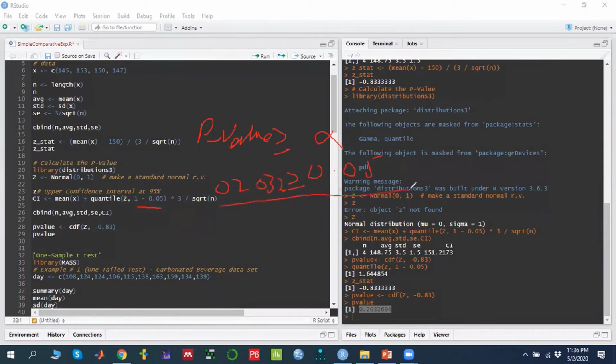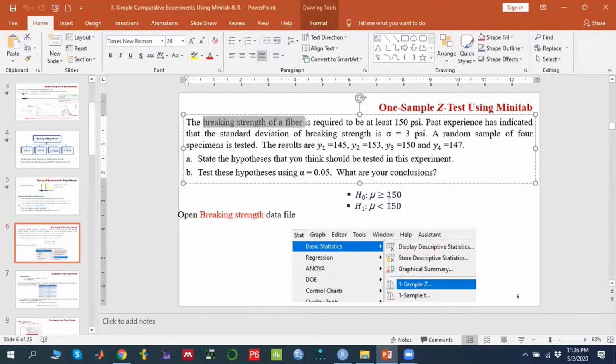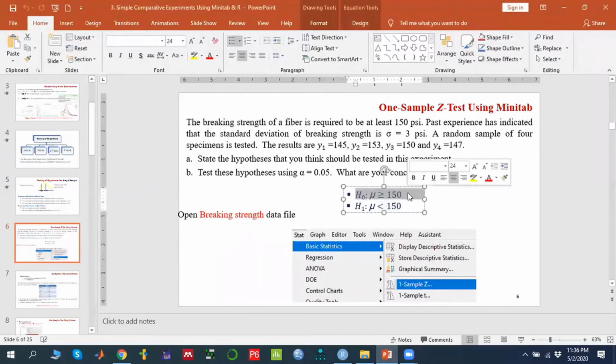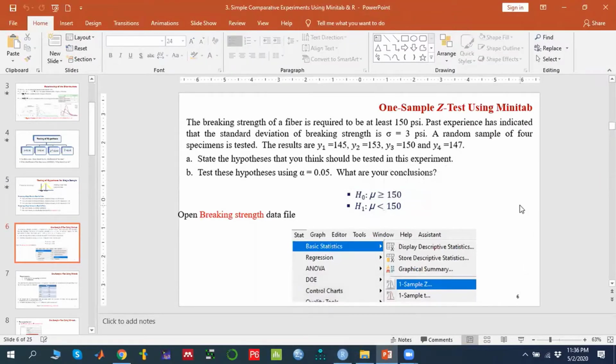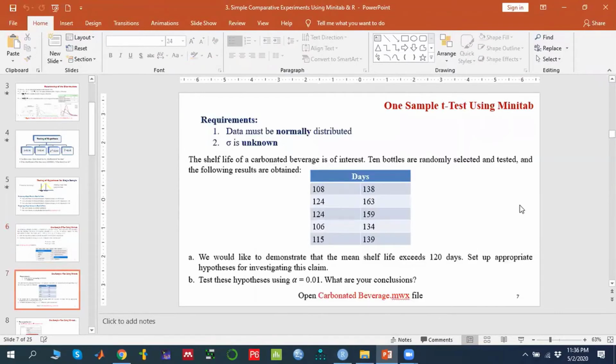Because this condition is true, meaning the p-value is greater than or equal to the alpha value, we will say accept H naught. And what was the H naught? That is the mean breaking strength is greater than or equal to 150. I hope it's clear how we can perform the one sample Z test using R.